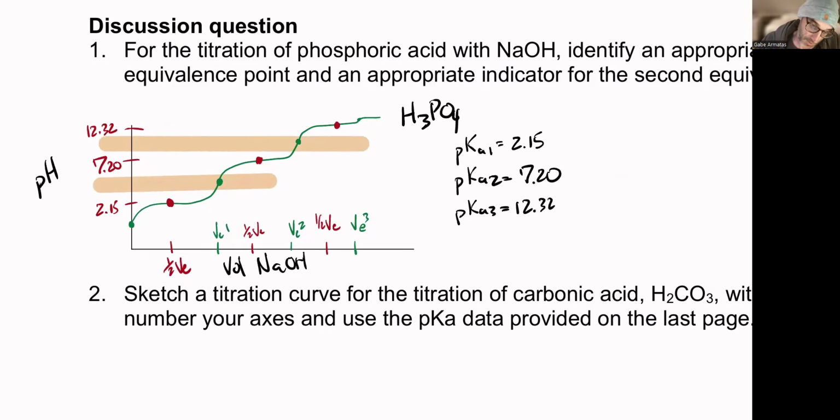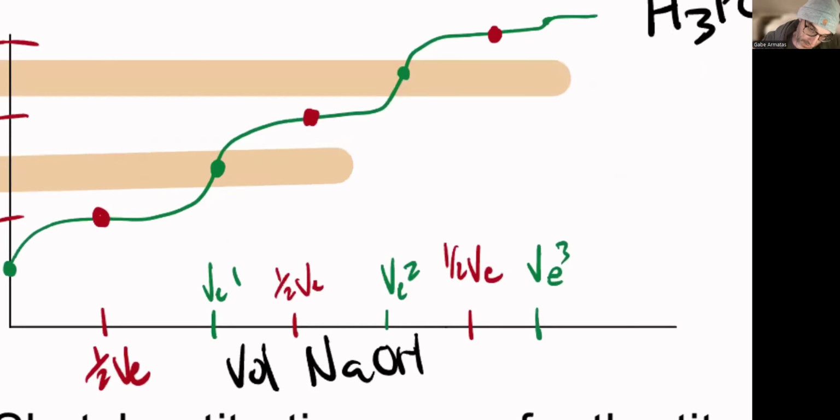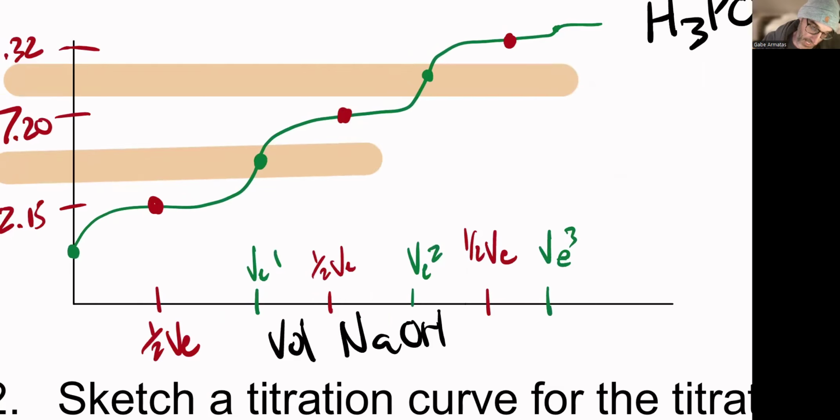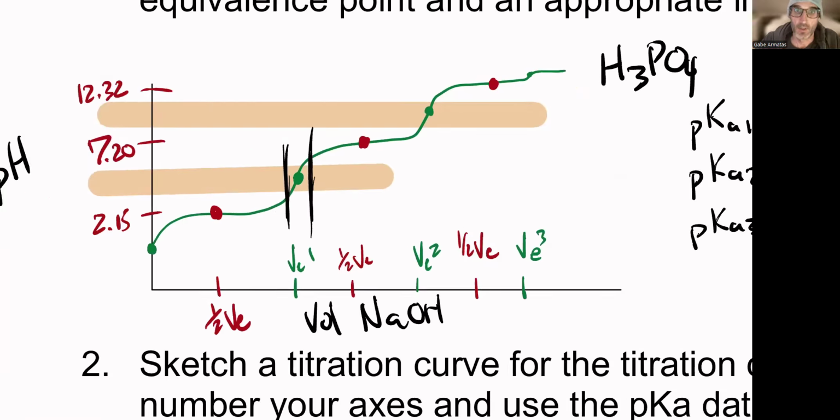The good news is if I zoom in here, the pH jumps a lot around this equivalence point, and because the pH jumps a lot, I just need to get an indicator somewhere in there. If I can get an indicator somewhere in there, then we are going to see that sharp curve pretty easily.